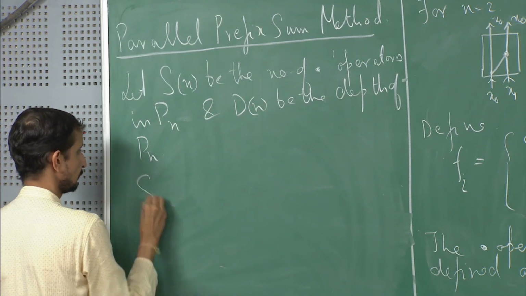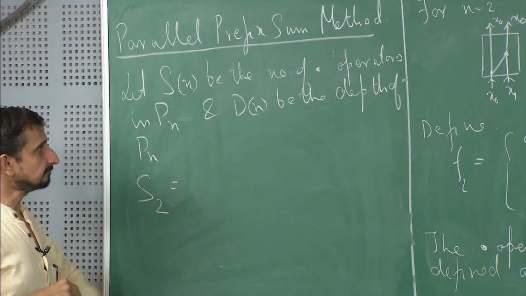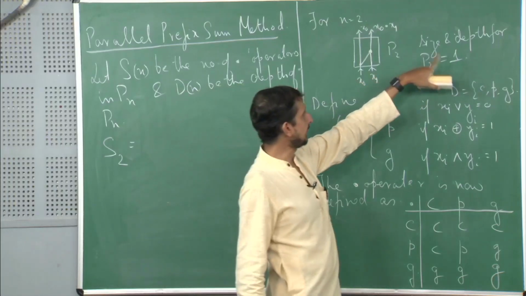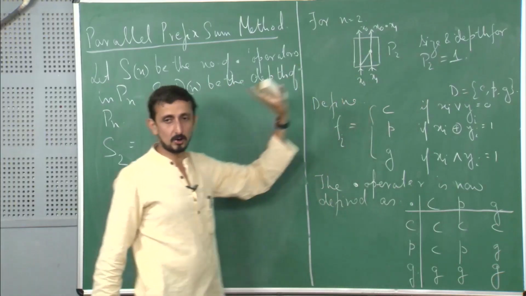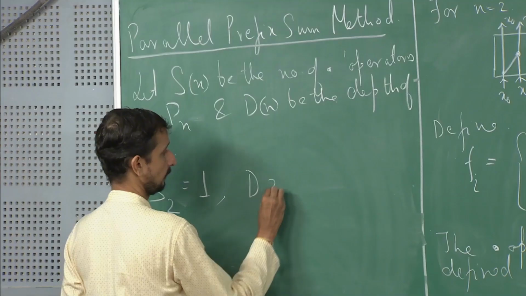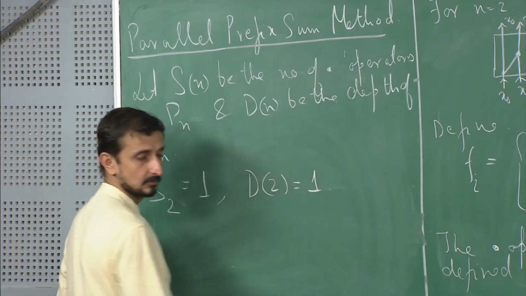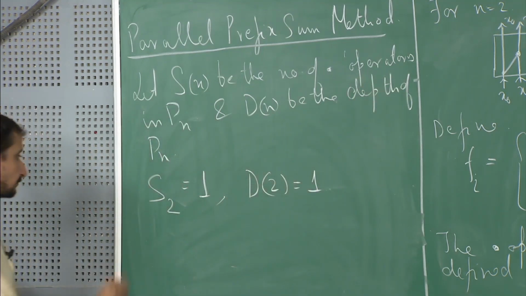What is S2? We just saw that S2 is equal to 1, it has only one dot operator, right. And what is D2? Again the depth is 1.